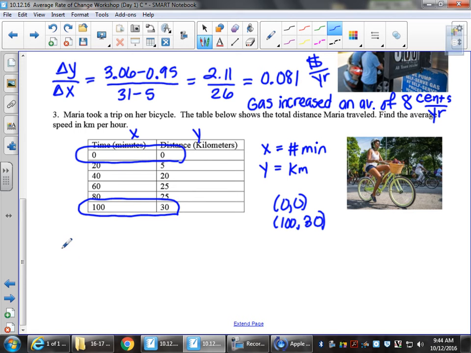So go ahead, you do the last part on your own, change in Y divided by change in X. Keep going all the way.